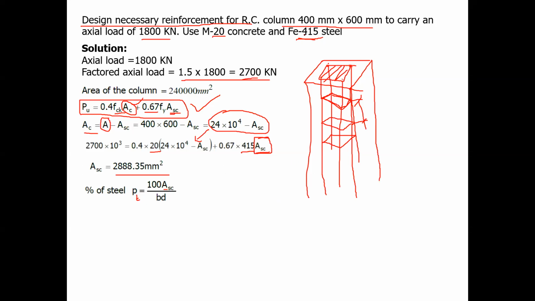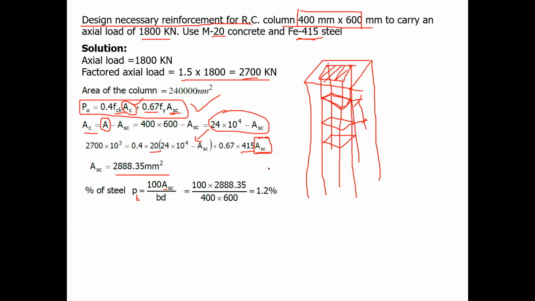So B and D is given here. That is 400 into 600. So what is the answer? 1.2. Right, you'll get 1.2%.